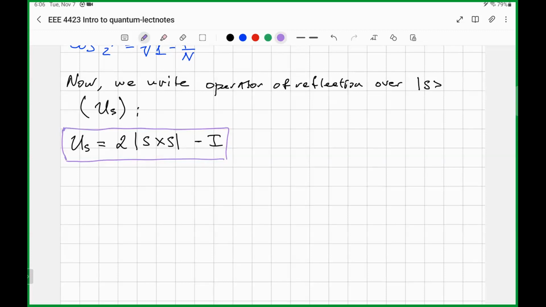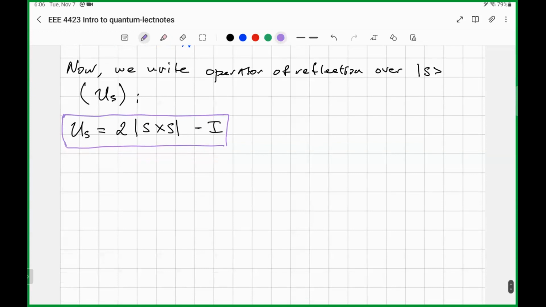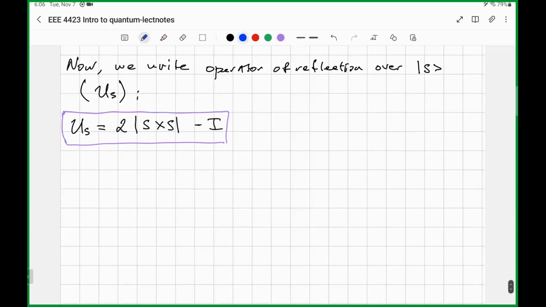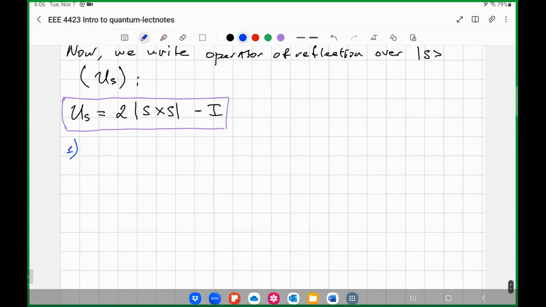In order to show that this is the right operator of reflection of any vector over this vector S, we can consider two examples.